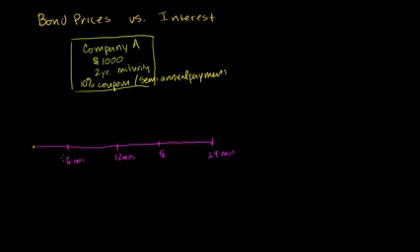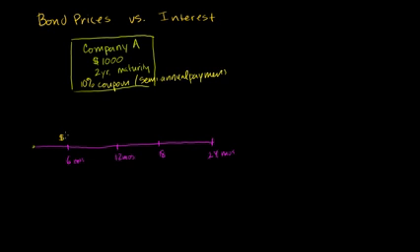And we went over a little bit of this in the introduction to bond video. But it's a 10% coupon paid semi-annually. So it'll pay us 10% of the par value per year, but it's going to break it up into two 6-month payments. So 10% of 1,000 is $100. So they're going to give us $50 every 6 months. They're going to give us half of our 10% coupon every 6 months.